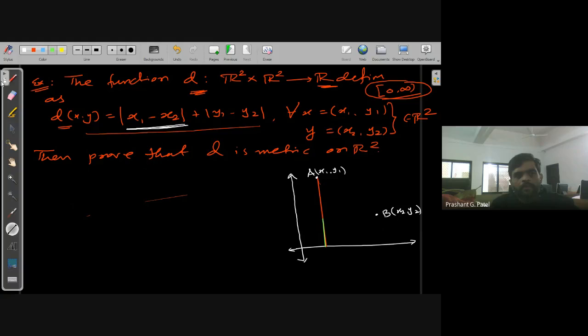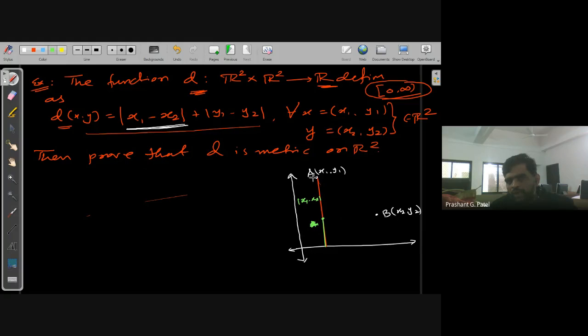Okay. So what will be mod of x1 minus x2? The mod of x1 minus x2 is this. Let's say this is the point C, or some other point, whatever. Let's say this is a star point.